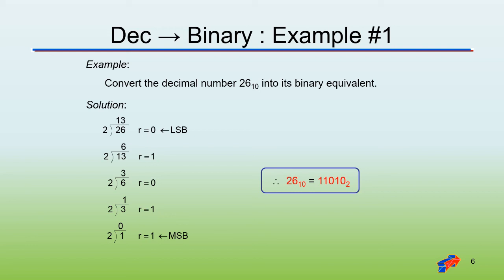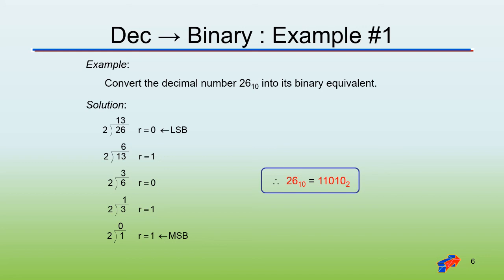So what will happen in the next step? The previous quotient is 6. 6 is divided by 2. We will get 3 as quotient and 0 as remainder. That remainder is again noted down. Again we divide the previous quotient, that is 3, by 2. We will get 1 as quotient and 1 as remainder. Again we divide the previous quotient, that is 1, by 2.